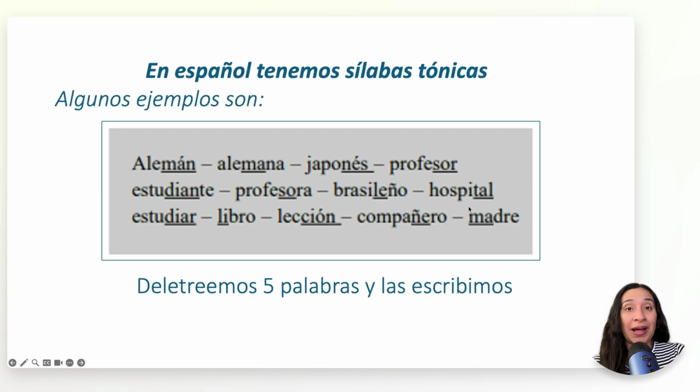So we have madre, which means mother, my mother, madre. We have the word hospital, hospital. We have the word japonés, Japanese. We have the word brasileño, Brazilian, and libro, book, right?